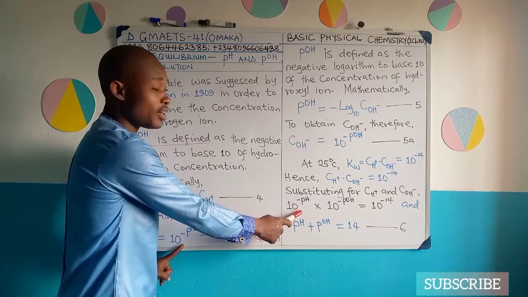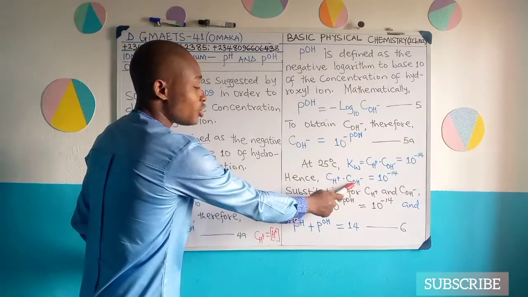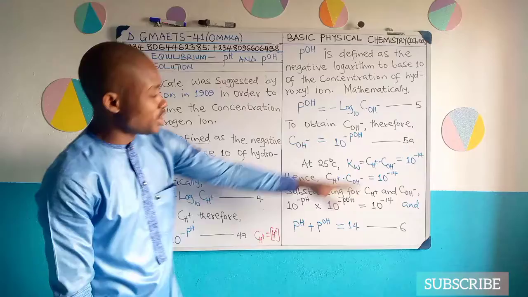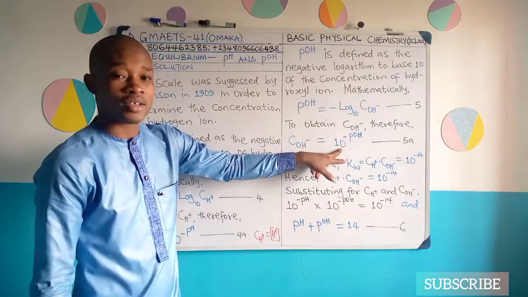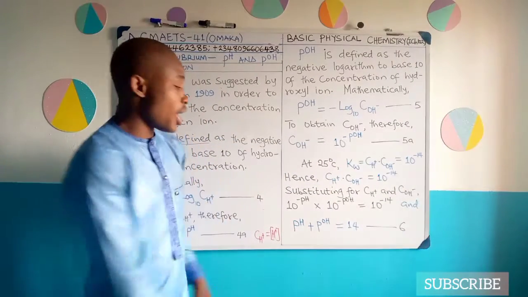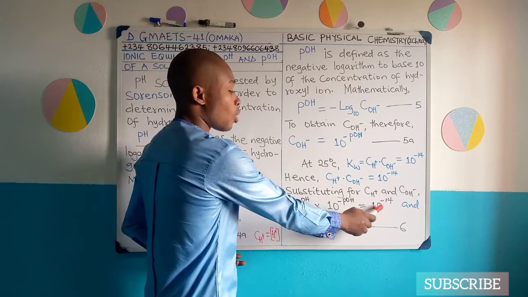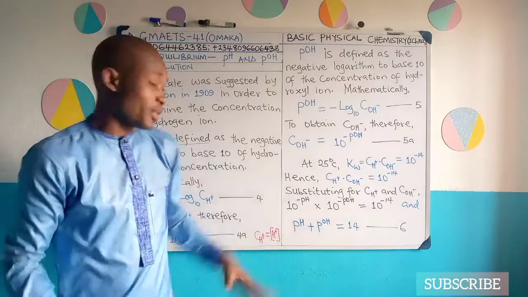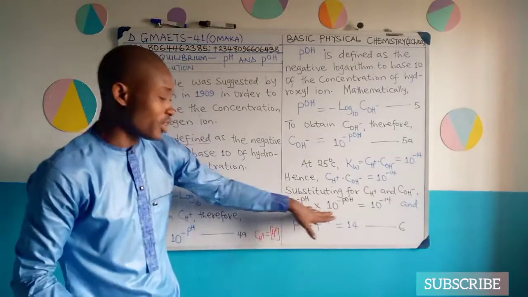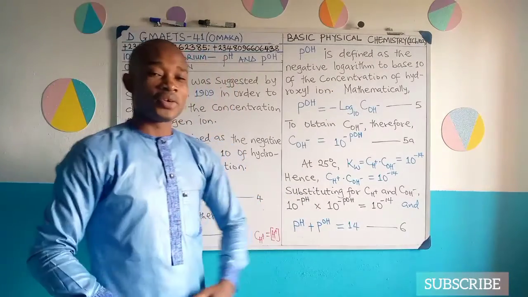Then I'm multiplying it by hydroxyl ion concentration, which equation 5a defines for us: 10 raised to the power minus pOH. I make everything equal to what? 10 raised to the power minus 14, because this is the ionic product of water at 25 degrees centigrade.